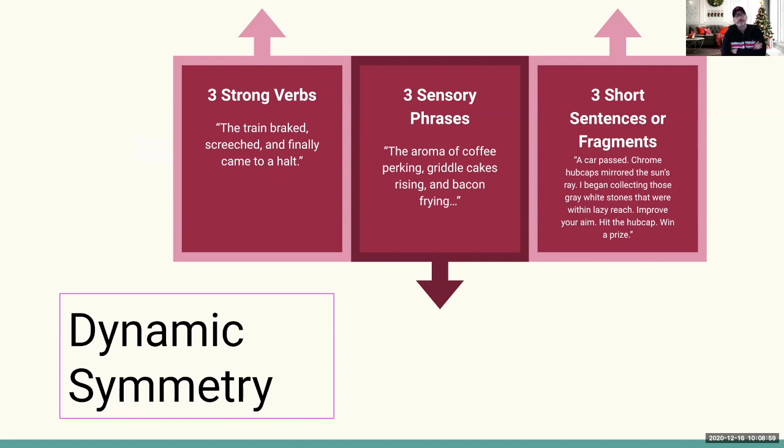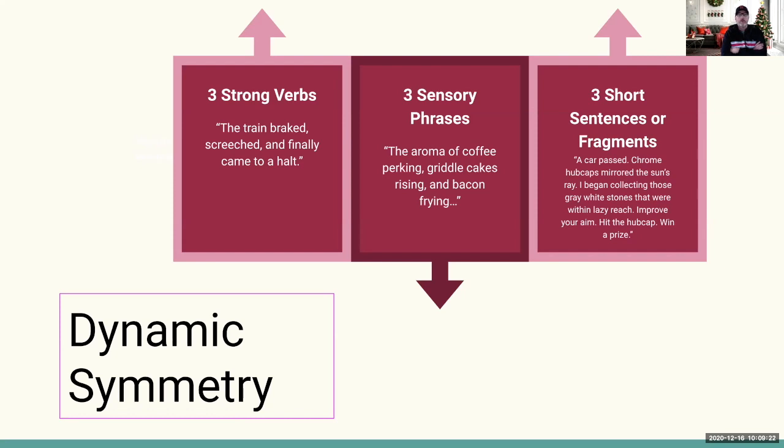You'll notice that all three of these boxes here have the number 3. It's not necessarily a rule, but more of a guideline that talks about the rule of 3s.